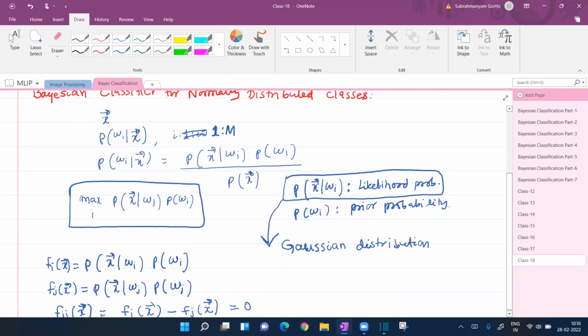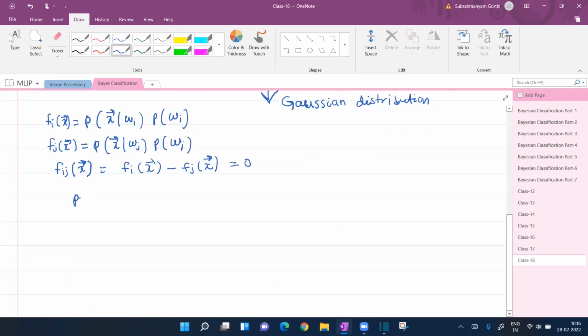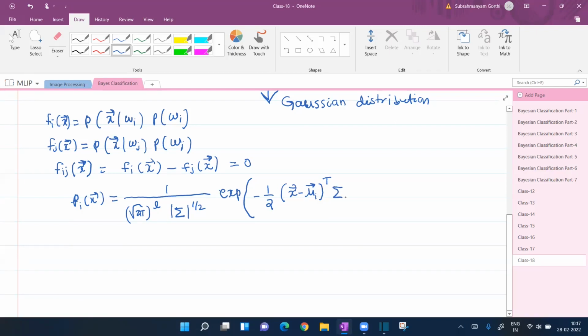fi of x bar, I simply write this expression. If you want me to write these expressions, for example, the function of i of x bar, the way I could write it is 1 over root 2 pi to the power L, I'm just rewriting what we have written earlier, into determinant of covariance matrix whole to the power of 1 by 2, into exponential of minus 1 by 2 into, now I am writing it for the ith class, x bar minus mu i bar, there will be a transpose here, and then the covariance matrix inverse for the ith class.